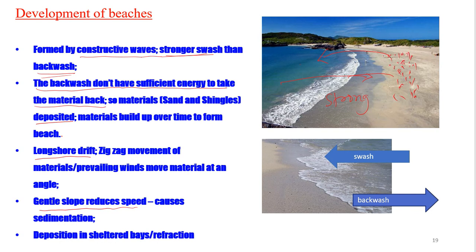It keeps depositing over a long period of time to form a gentle slope and to form a beach. That is just it. And this movement of material where you have strong swash and weak backswash is what is referred to as constructive waves. This beach can also be formed by refraction and also through the movement of this material by longshore drift.